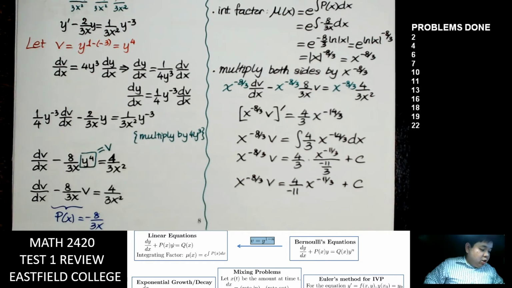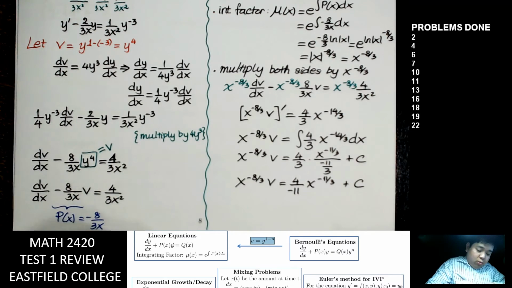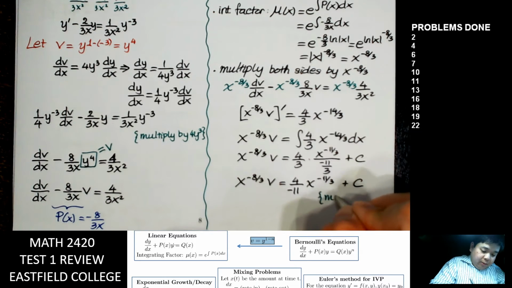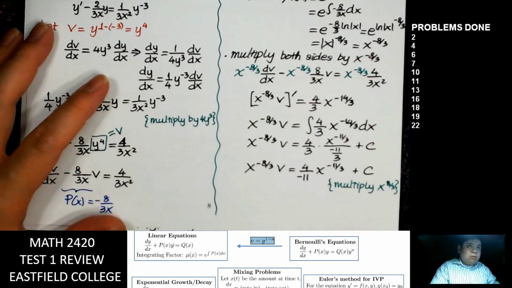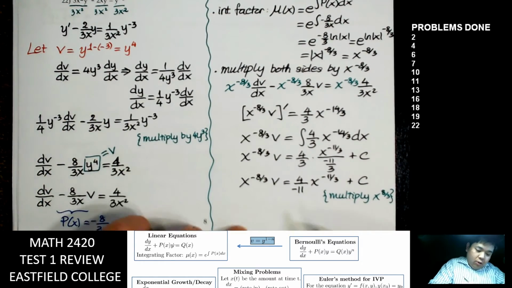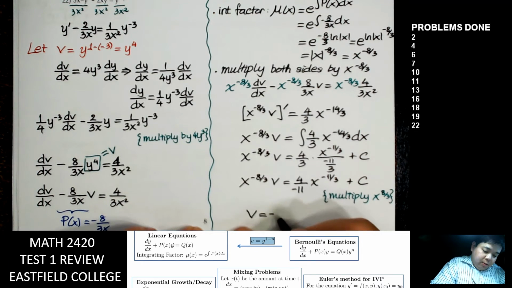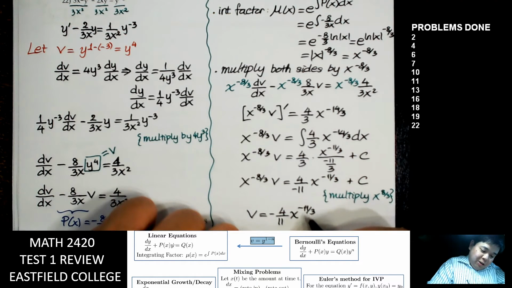And to get rid of x to the negative 8 over 3, we multiply by x to the 8 over 3.